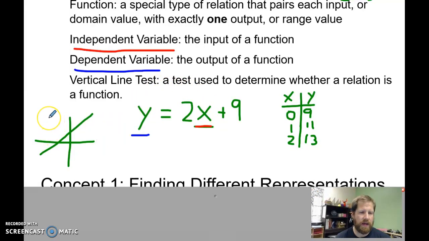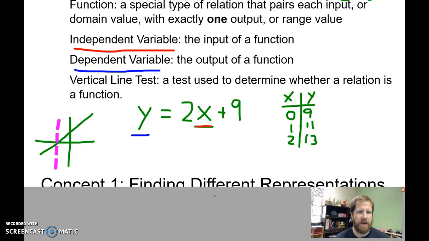And we can see that if I have a vertical line anywhere in here, I'm only going to cross this function line in one place. No matter where I put my vertical line, it can be over here, it can be over here, doesn't matter. It's only going to cross this line in one place.